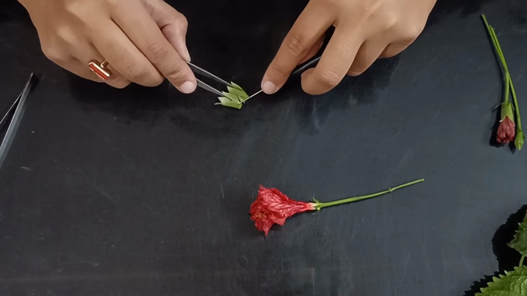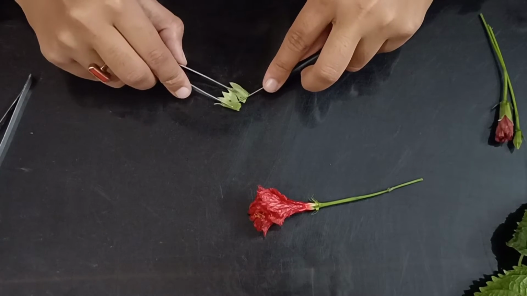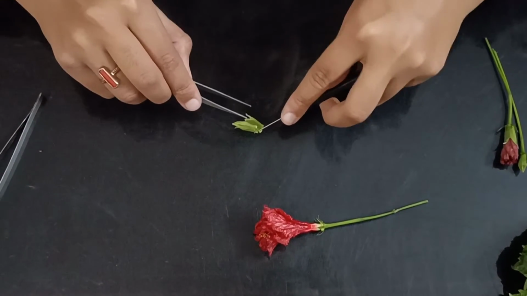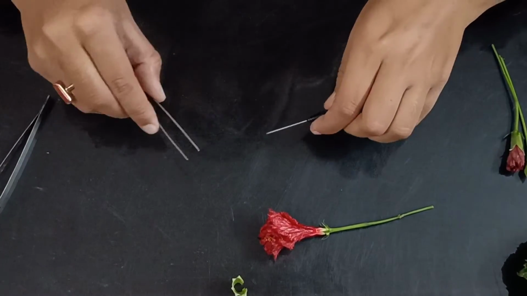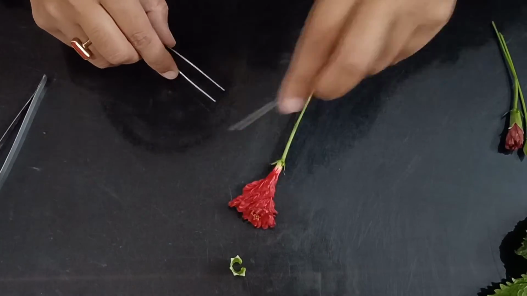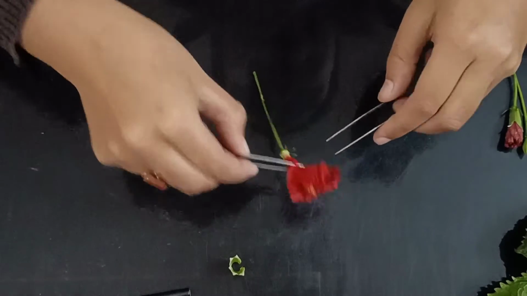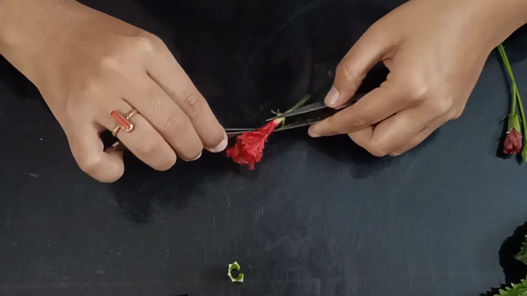There has been a little cut from the center, right? So this is a sepal from inside. This is basically a crown shaped structure. So we'll keep it at one side. Next are these petals, right? So now we will separate all of these petals one by one.